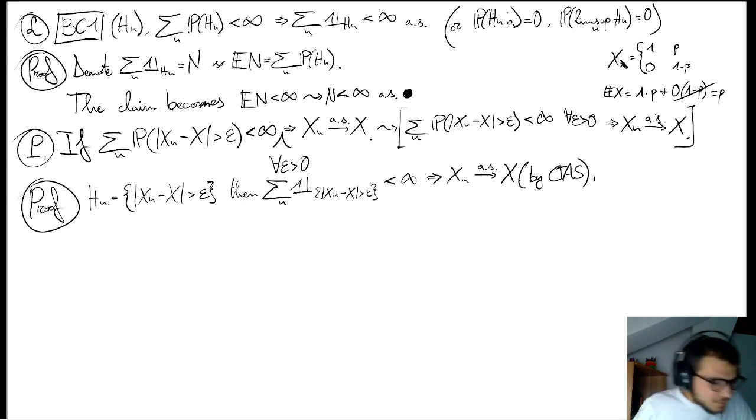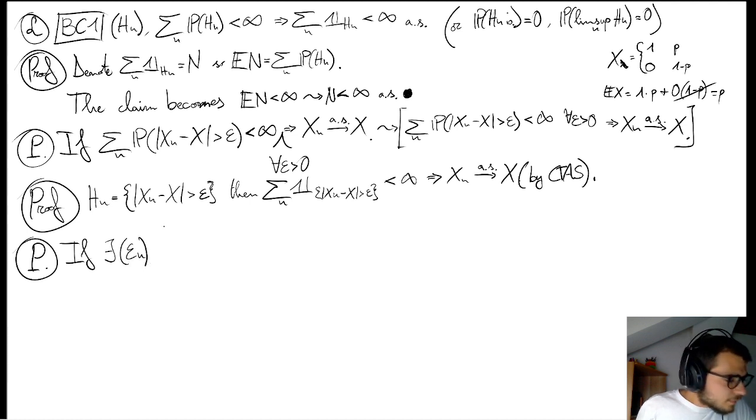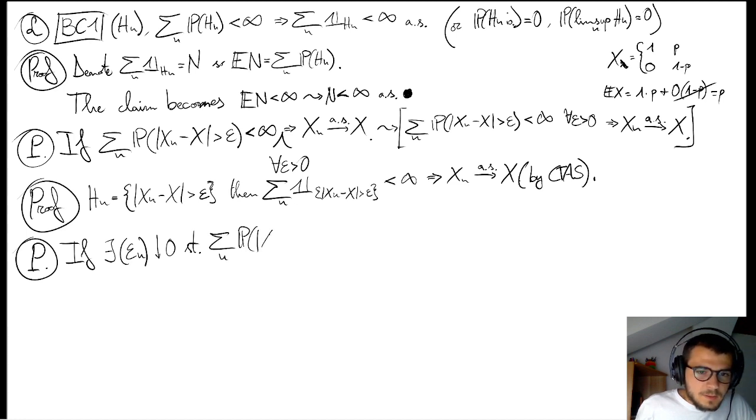Now we have another proposition. If there exists a sequence epsilon n decreasing to 0 such that the sum over n of the probability that the difference between xn minus x is greater than epsilon n is finite, then xn converges to x almost surely.